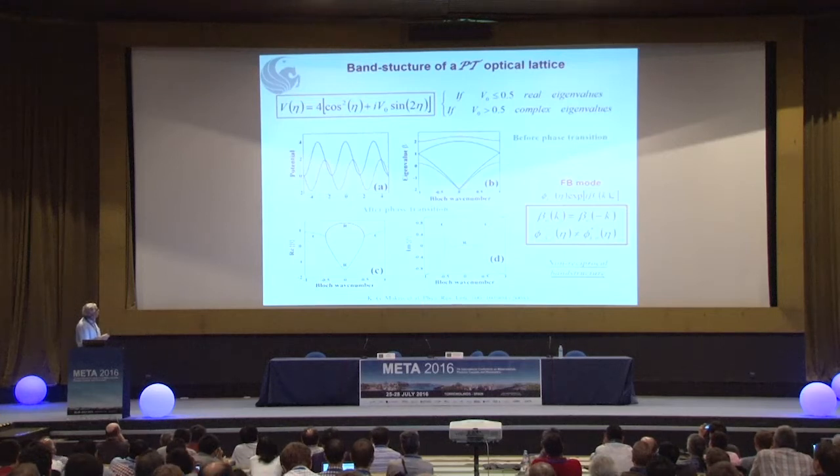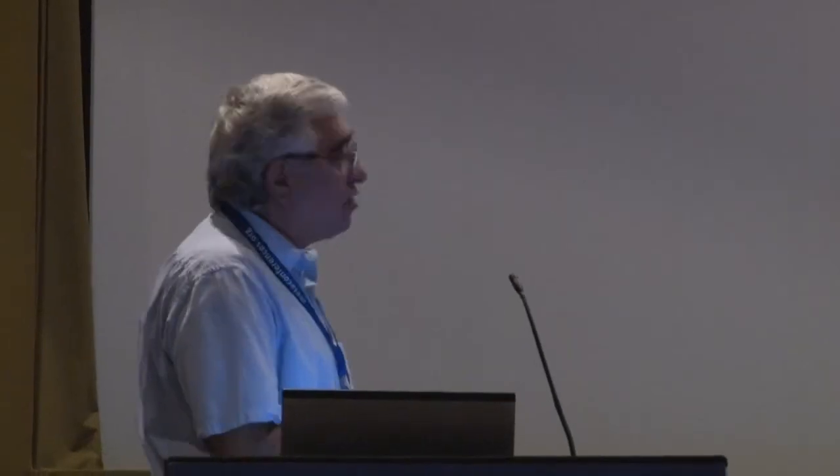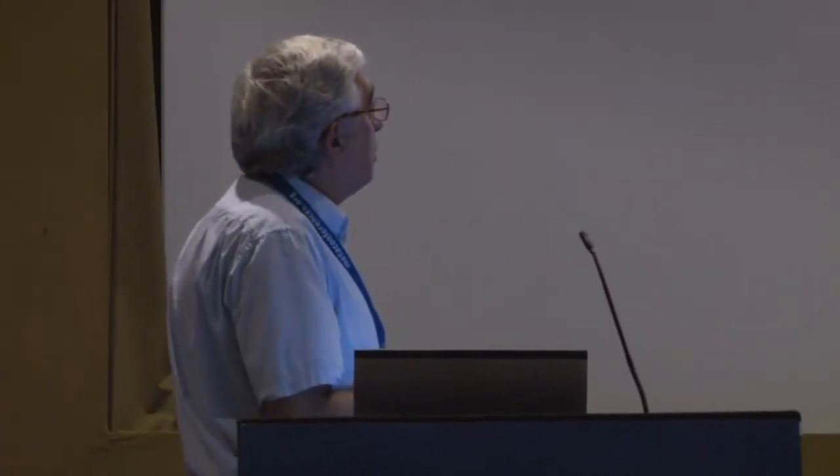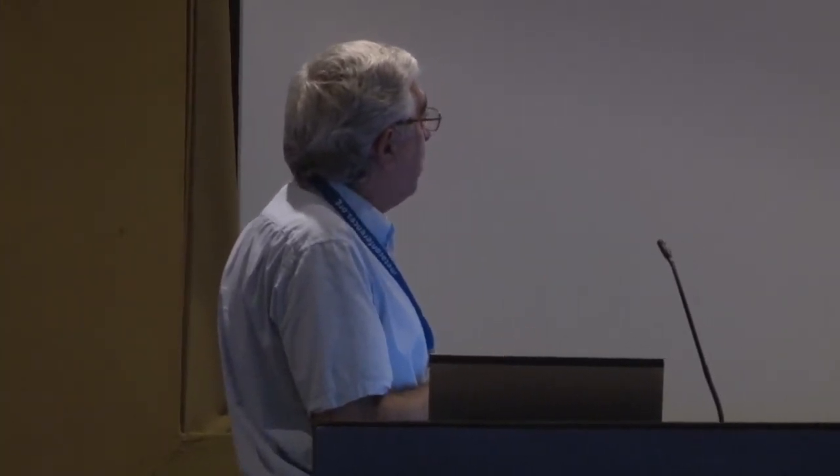The two bands, you see, the two bands in red, start to really approach each other, and at the exceptional point, they make contact. So because of the gain-loss, the band gap starts to close, and if you overdo it, if you keep exceeding this magic number over here, then this is what happens to the two bands.